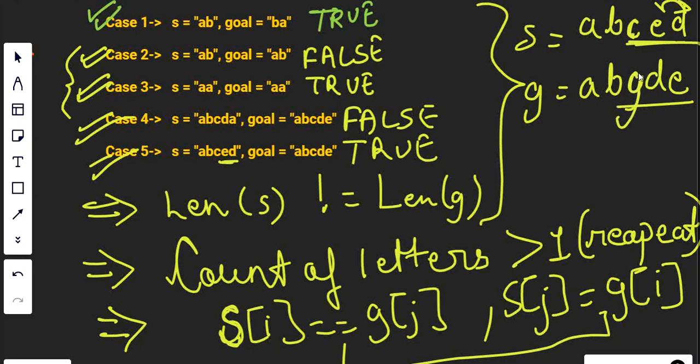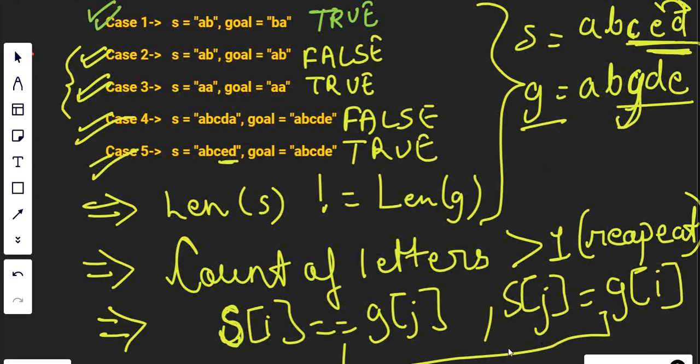So what I'm trying to say is, if there are more than 2 indexes in S with different characters than goal, then also we won't be able to proceed. In that case as well, we are going to return false. So this will be one case which we have to check in this third case itself.